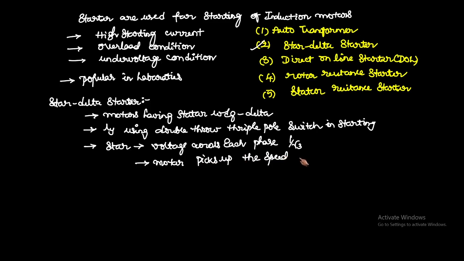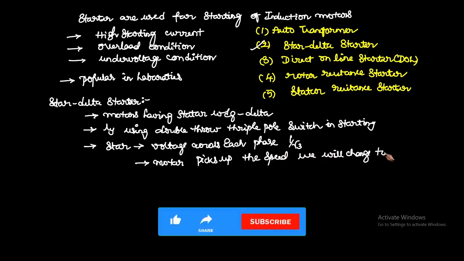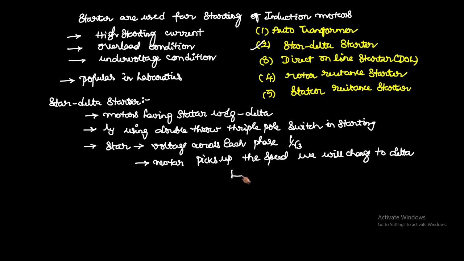we will change this connection to delta. Once again we connect the delta connection, so we get the normal voltage. In the case of delta, the line voltage and phase voltage are equal.